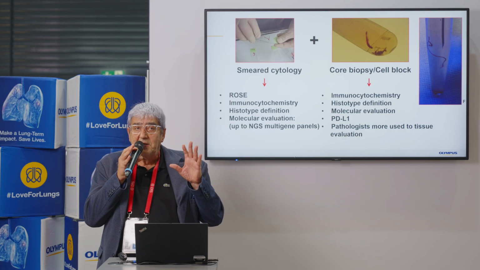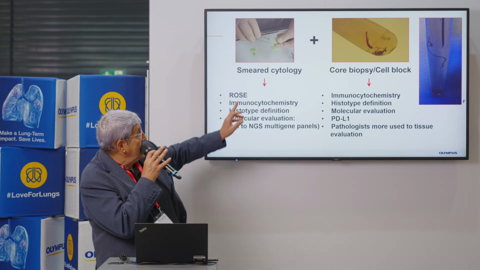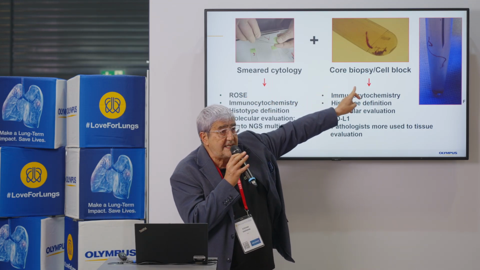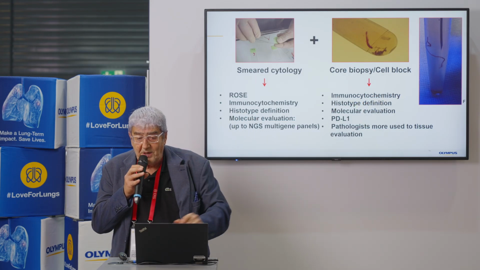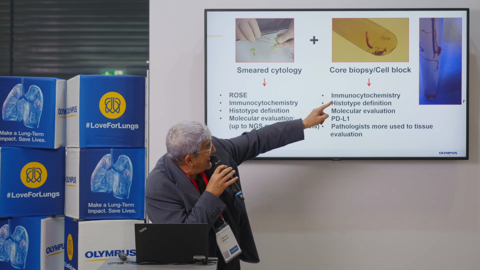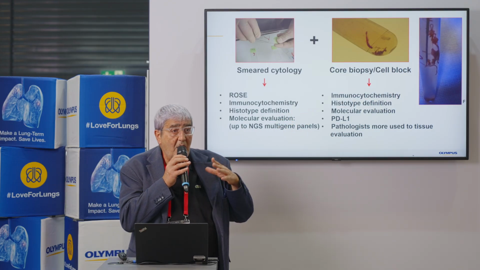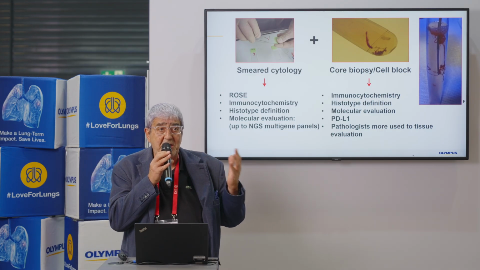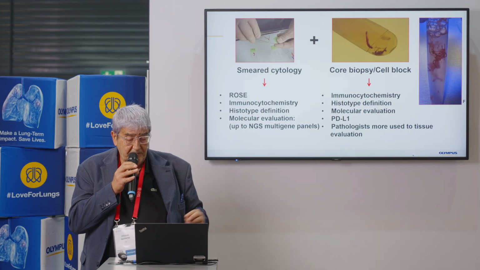Just the best way to treat the sample is to put together smeared cytology with core biopsy or cell block. And you can see the amount of material that is possible to get with a needle. Our pathologists are very happy because there is a lot of tissue, and all the next generation sequencing or the evaluation of PD-L1 is possible on EBUS sampling.